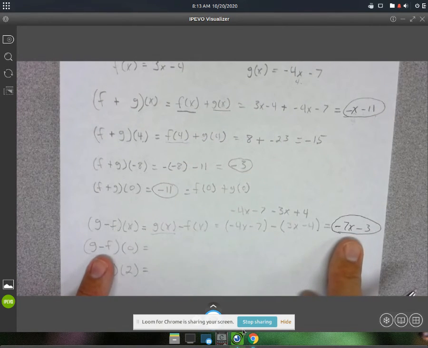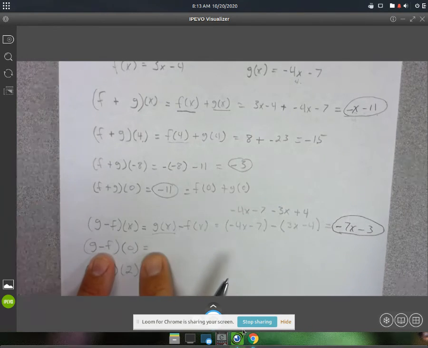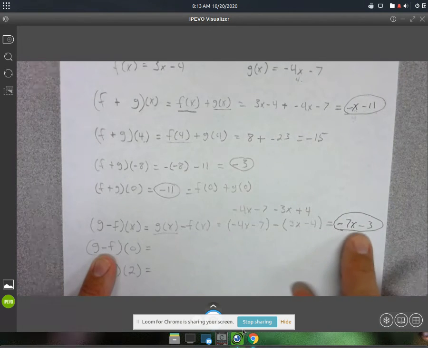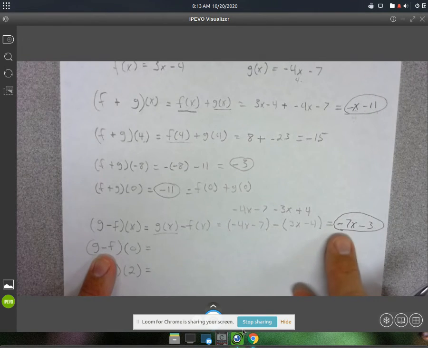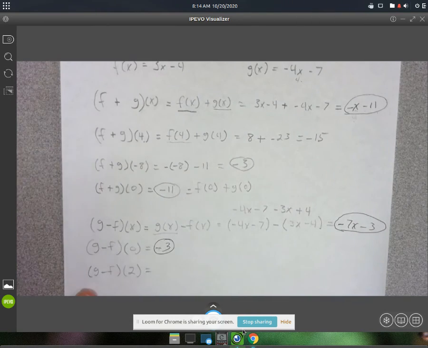All right. So for g minus f of 0, I could do g of 0 minus f of 0, but I'm just going to use this function. I'm just going to plug in 0. Negative 7 times 0 is 0, and then 0 minus 3 is negative 3. For g minus f of 2, just plugging in 2 for x.